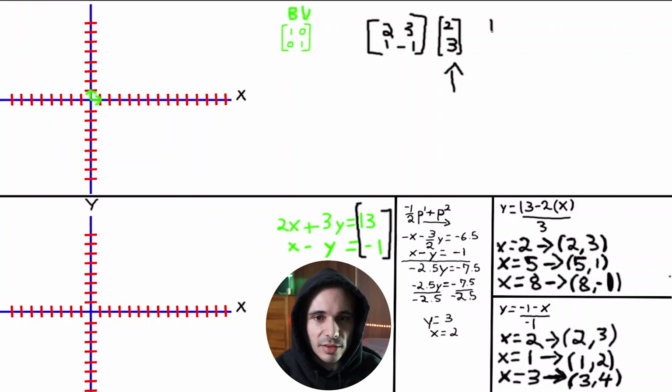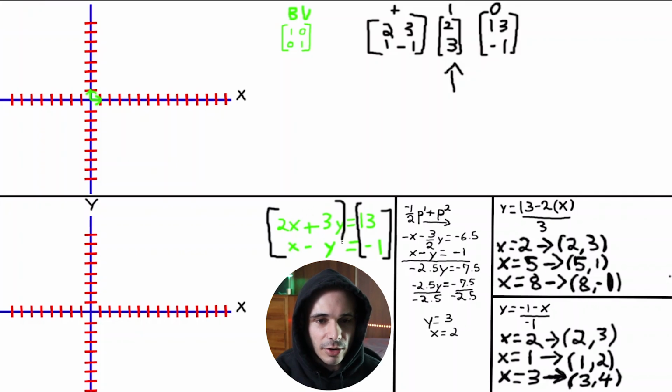Let me write that down. So this is input and output, and then this is the transformation. The transformation is actually given to us in the linear system. It's this little block right here. That's what gives us the numbers up here.